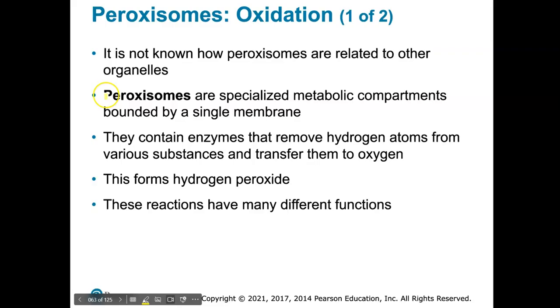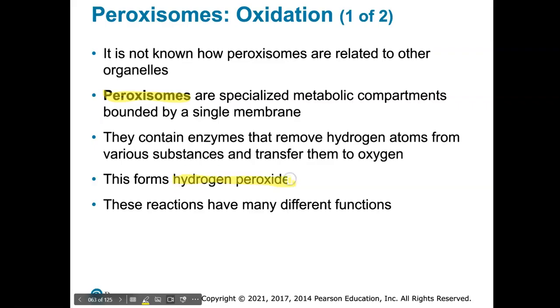Peroxisomes are primarily involved in breaking down fatty acids. And I don't see that in the notes. So basically, when the peroxisome breaks down fatty acids, it forms, as a byproduct, hydrogen peroxide.